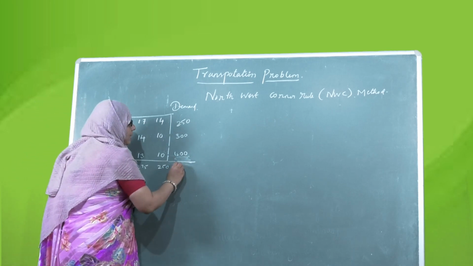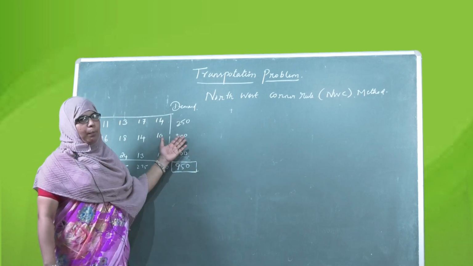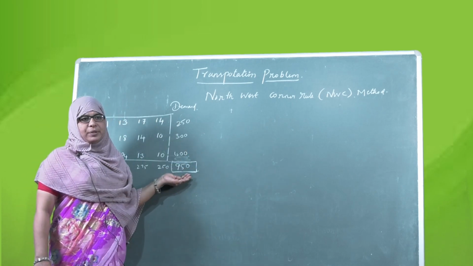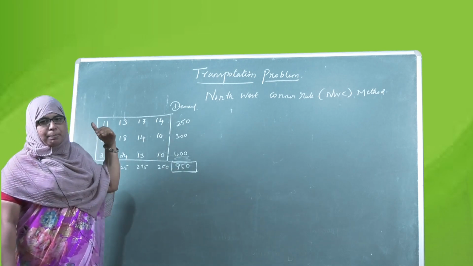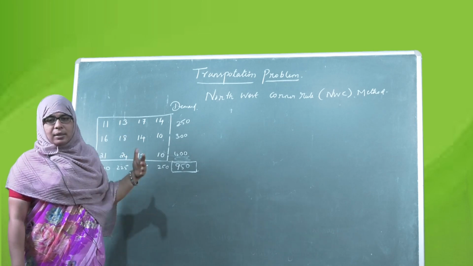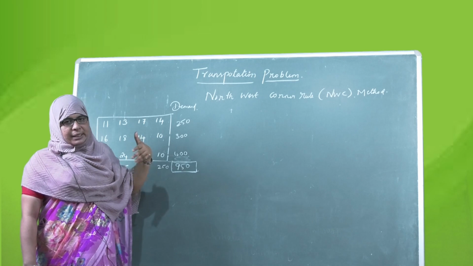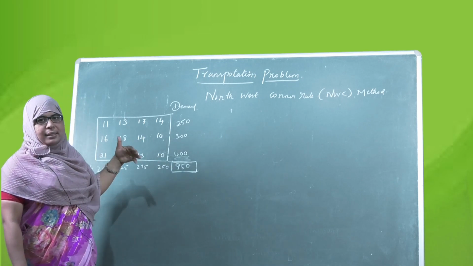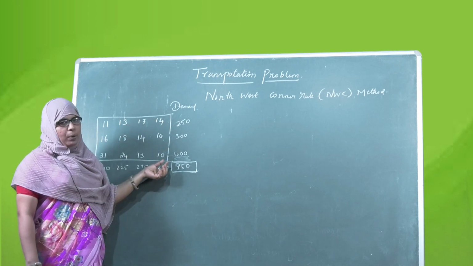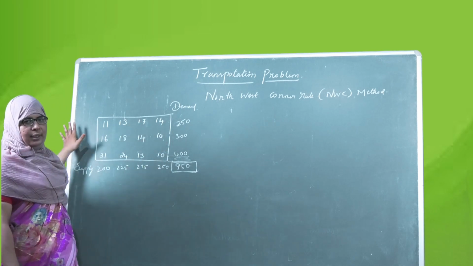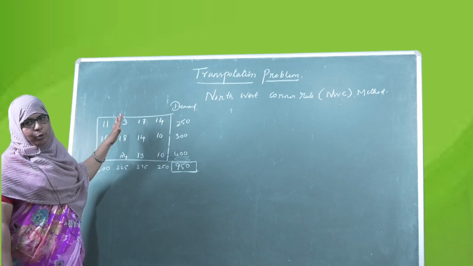So the problem is balanced: the sum of the rows is equal to the sum of the columns, 950 equals 950. We will see another example of an unbalanced problem later. In this problem, the problem is balanced.